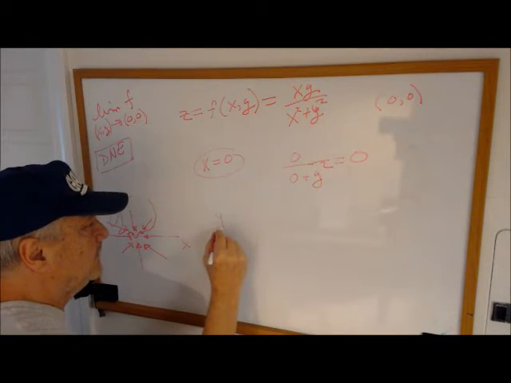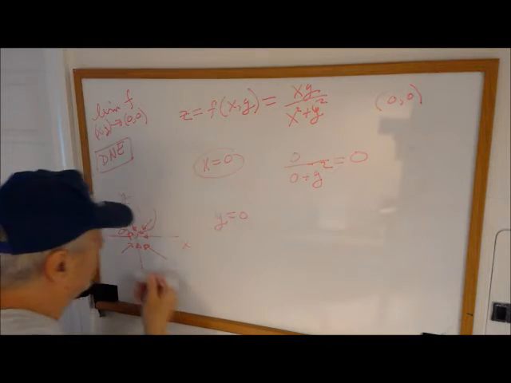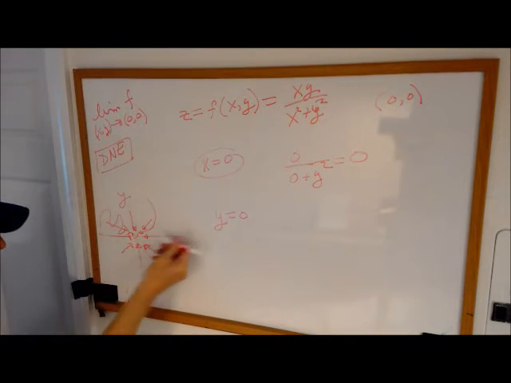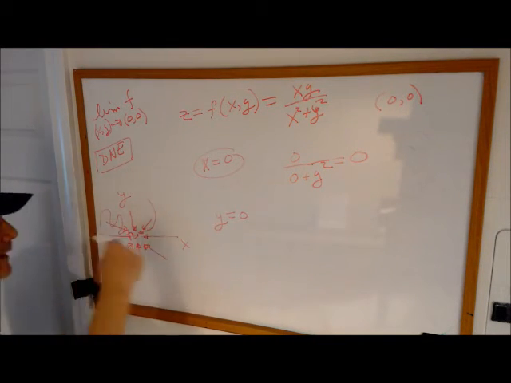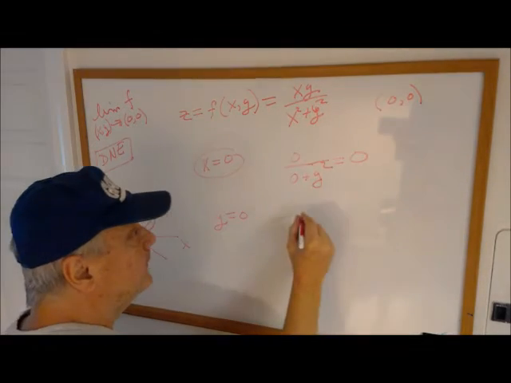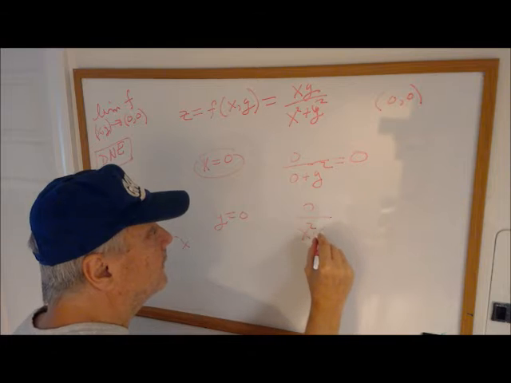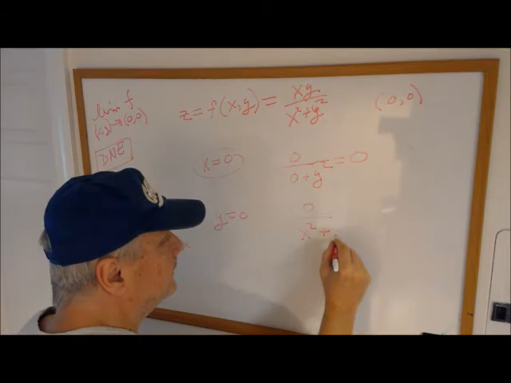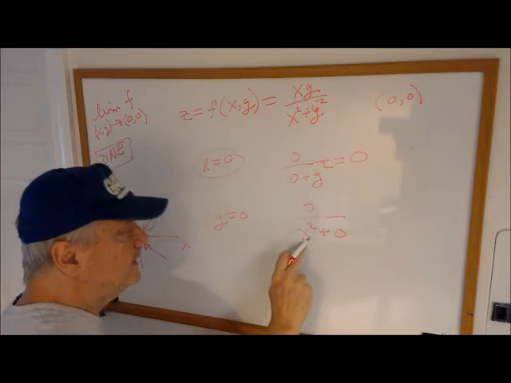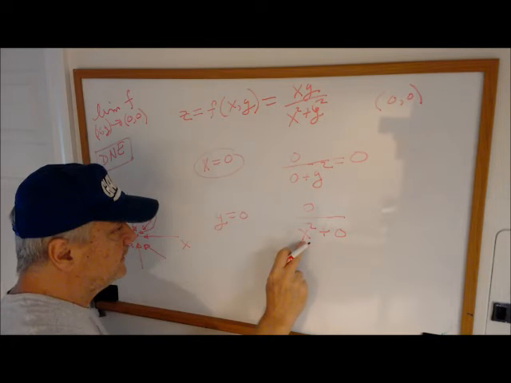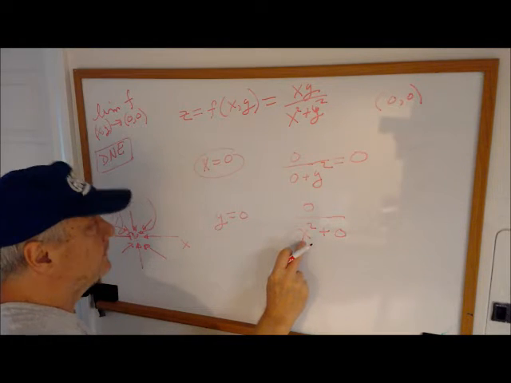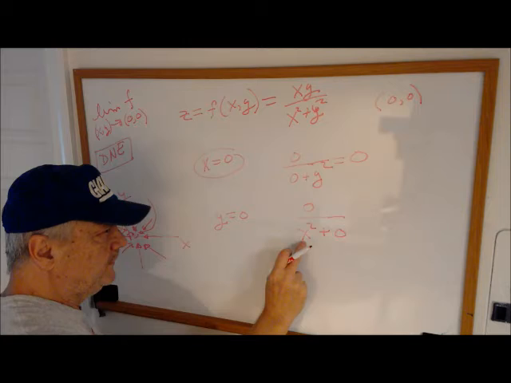Now similarly, if we take the path where y is 0, we're talking about this path and this path. So what do you have? Y is 0. Well, that's 0 over x squared plus 0 squared, which is 0. And again, this is a number. X can never be equal to 0; we care about when x approaches 0.